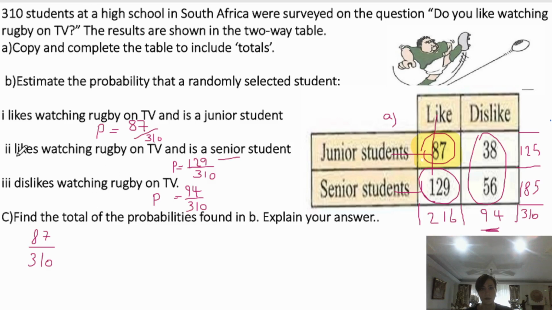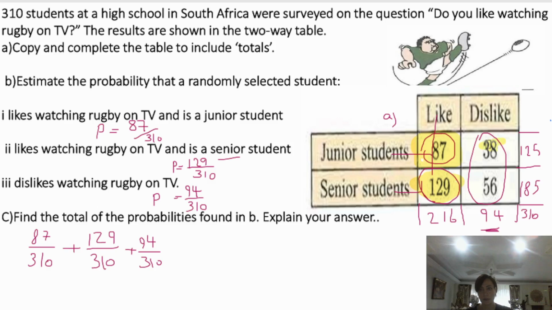For part 2, I get 129 over 310, which I get here. Okay, and for part 3, I find 94 over 310, which is here.